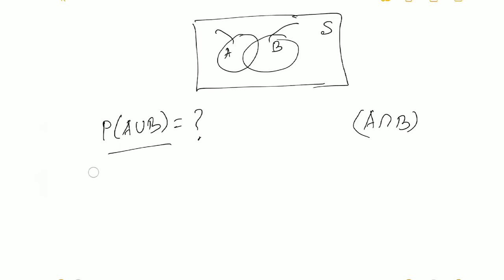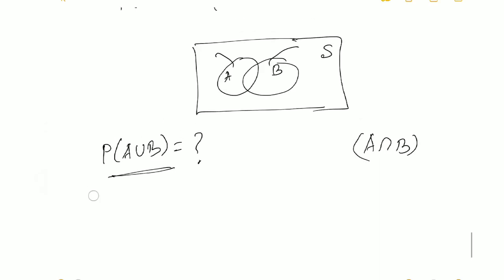The favorable condition is only when both exist at a time. But in the union case, if only one exists, then it's okay. If both exist, then it's double okay.